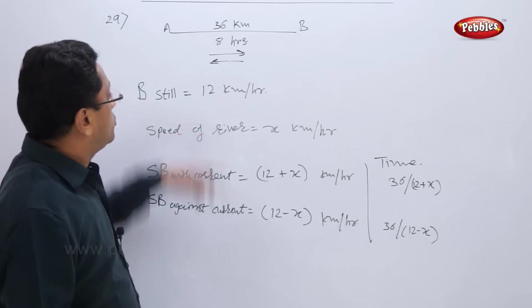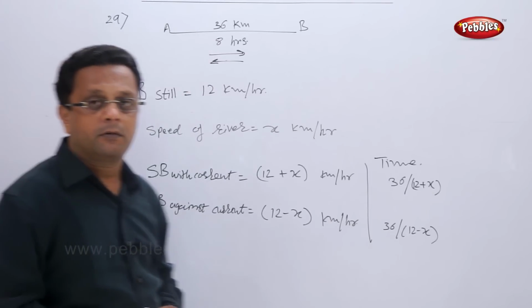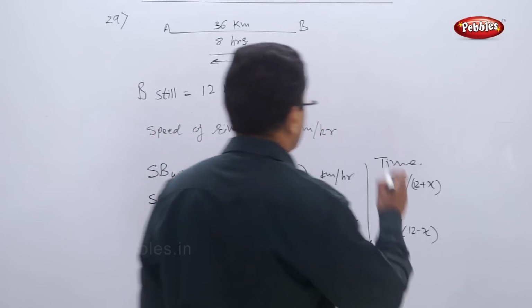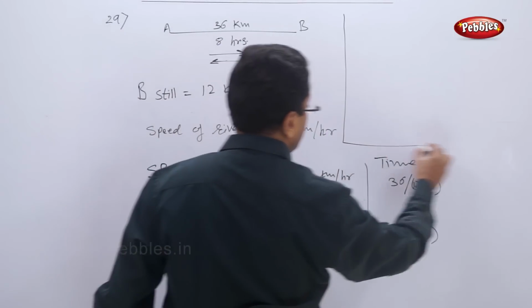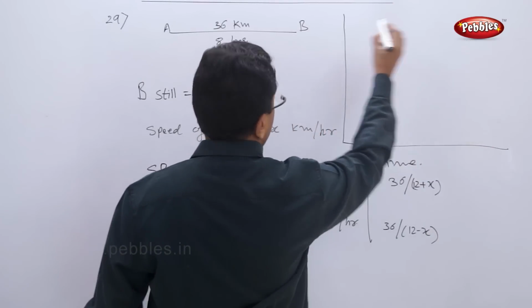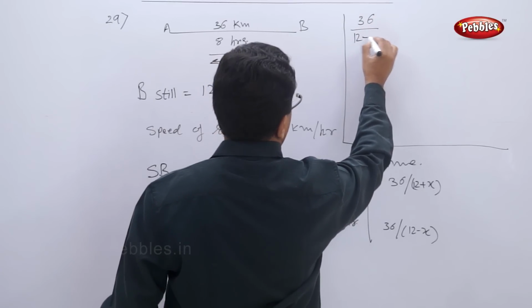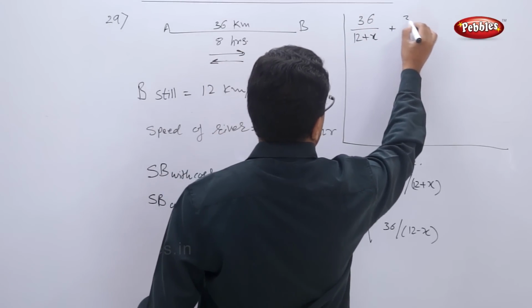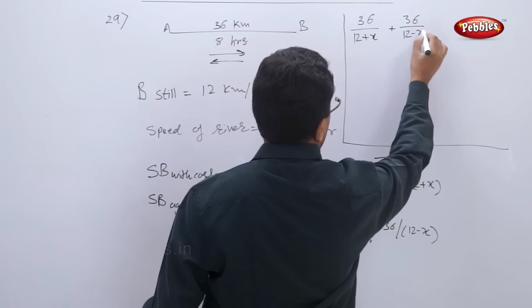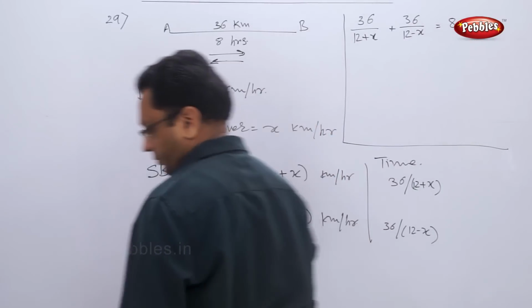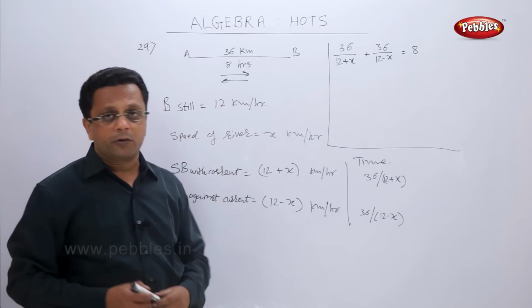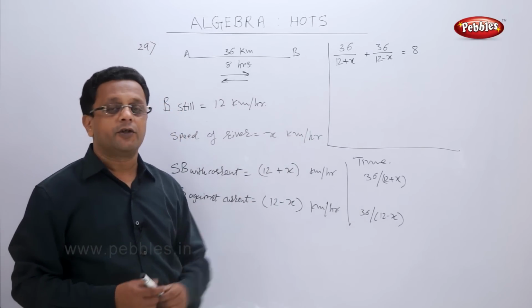But we know that the total time taken is 8 hours. So what equation we are getting now? 36 upon 12 plus x plus 36 upon 12 minus x is equal to 8. So we have found out this equation.